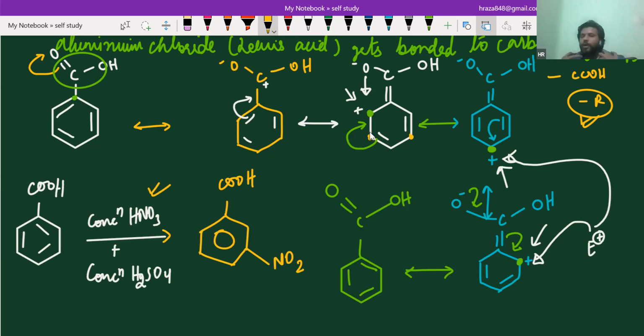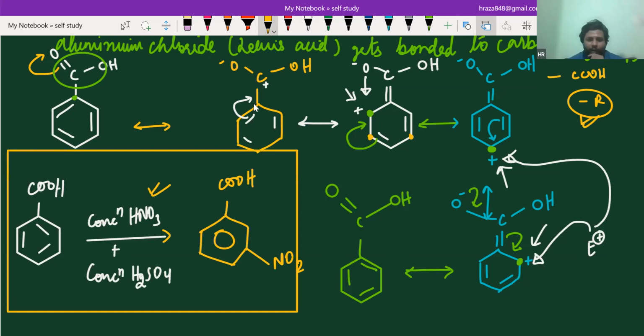It is more electron rich than ortho and para position. So please do write this reaction first, which is also called nitration, and then I will write the bromination, or you can call it halogenation. Let me know when you are done with this.